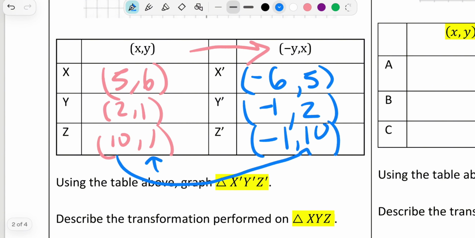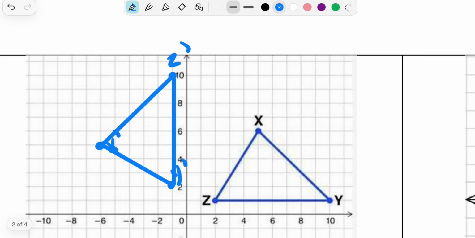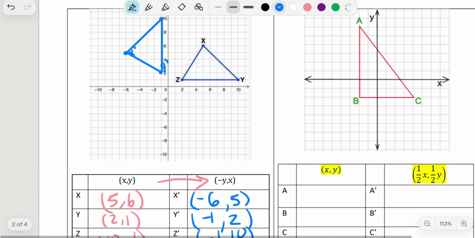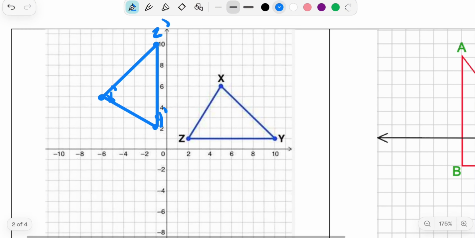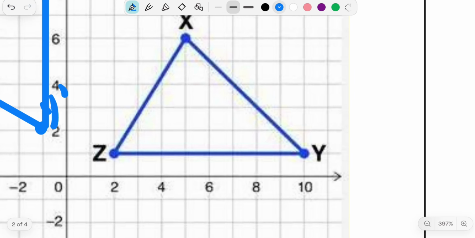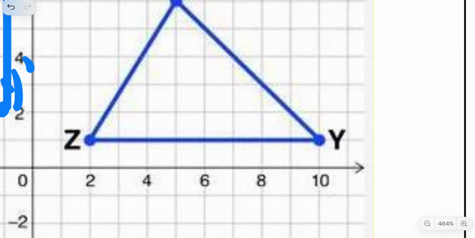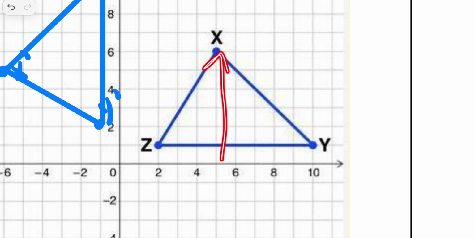So I'm going to go ahead and plot these just so you can visually see what it looks like. Alrighty, so now I have plotted that onto the graph. Before I even explain this, let's take a look at the way this triangle was transformed. Do you see how in triangle XYZ, x is 6 away from the x-axis and 5 away from the y?